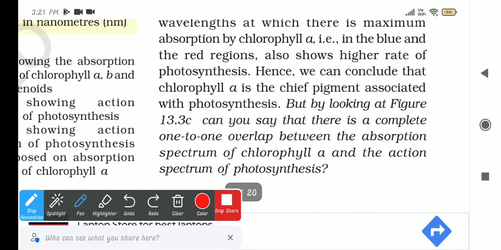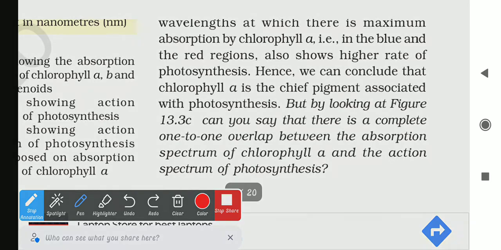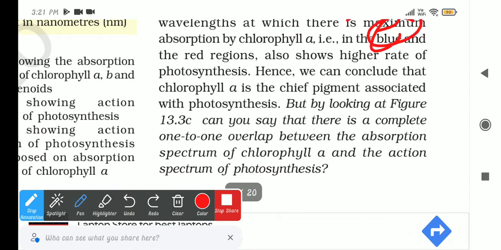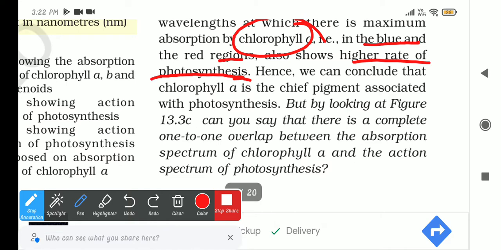And it is also saying that the maximum absorption of the specific wavelengths was done by our chlorophyll A, like in the blue region and in the red region. It shows the higher rate of photosynthesis. Okay, which region?